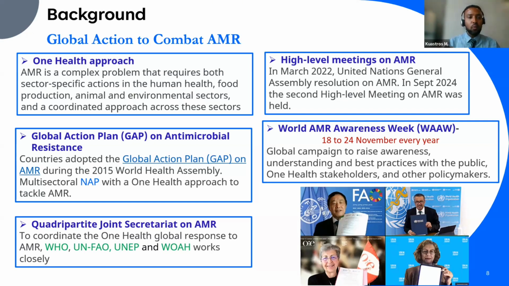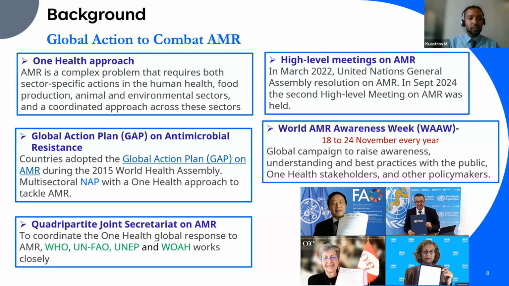As you know, the One Health approach is really believed to be one of the good tools or good approaches to combat complex health problems such as AMR. So that can be really addressed by the One Health approach.